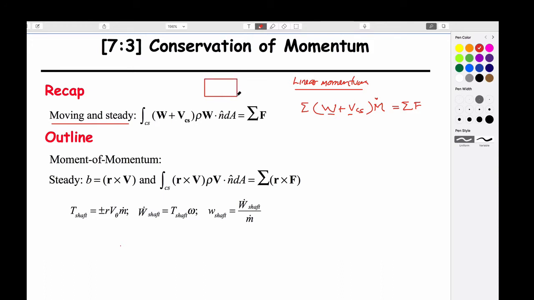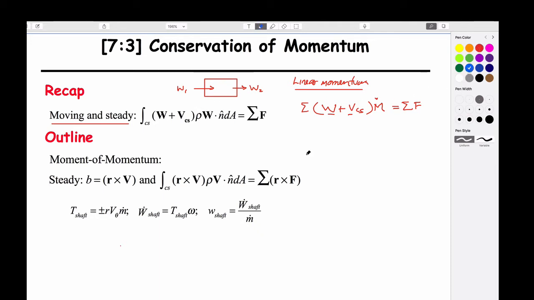We've drawn this block before. This is W2, this is W1 relative to the boundary, and so we've used this before.